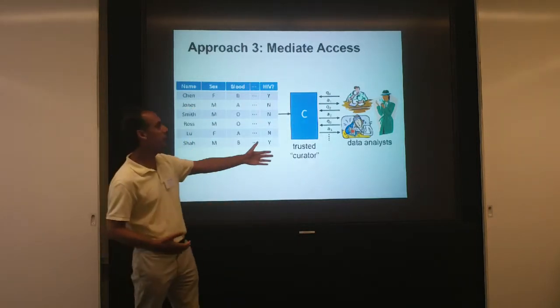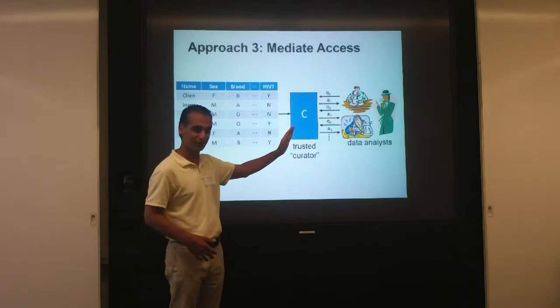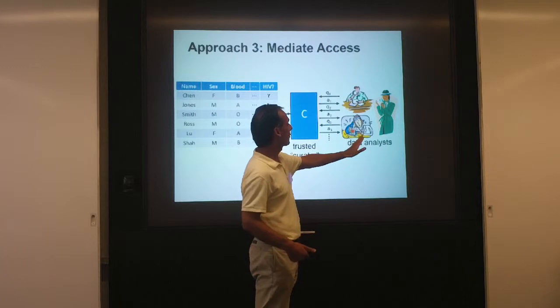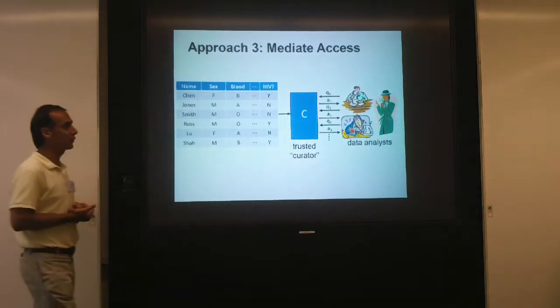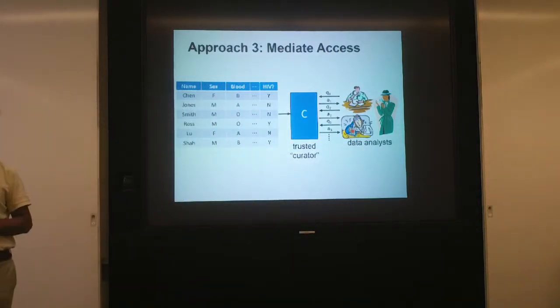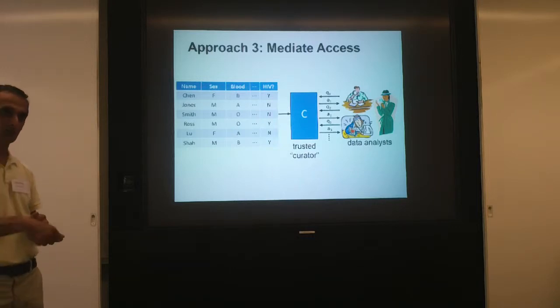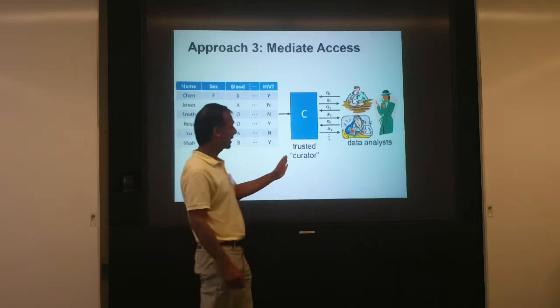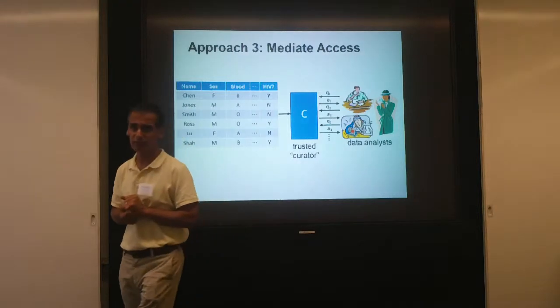This is a computer program or a web application that, when people want to study the data set, they will issue queries to this interface. All right, run this regression on the data set for me. Tell me how many people in the data set have the following characteristics, and so on. And they'll get back answers from the interface.